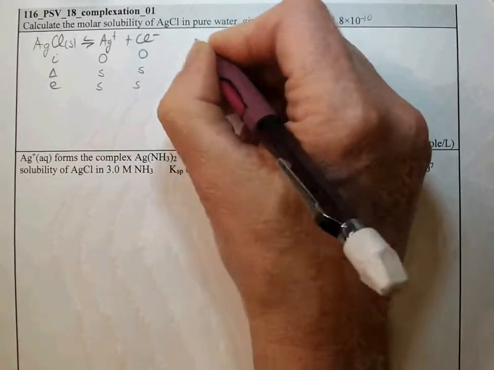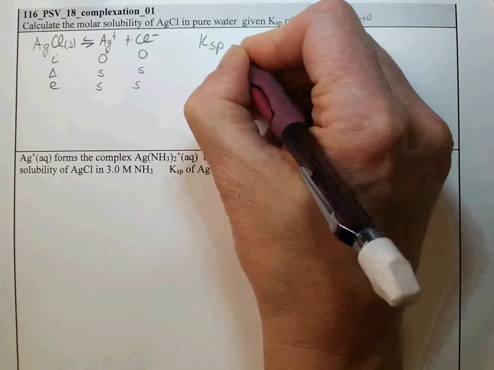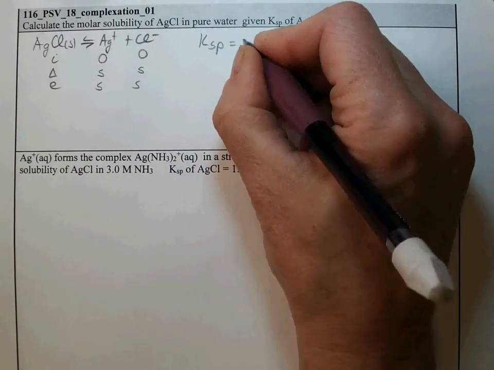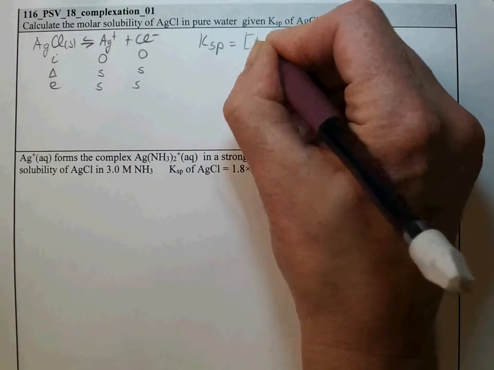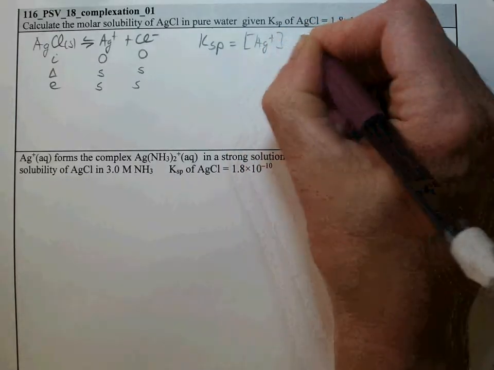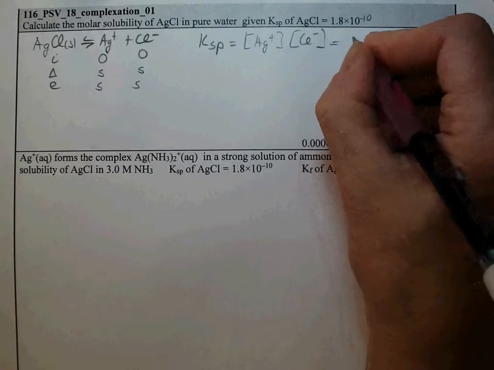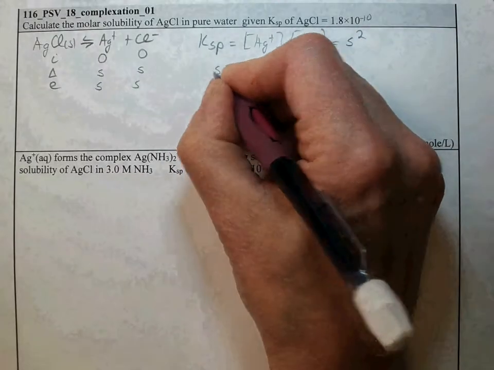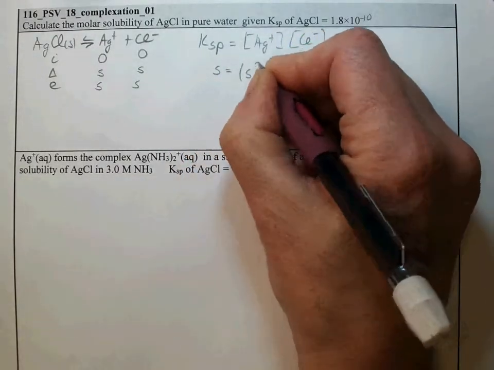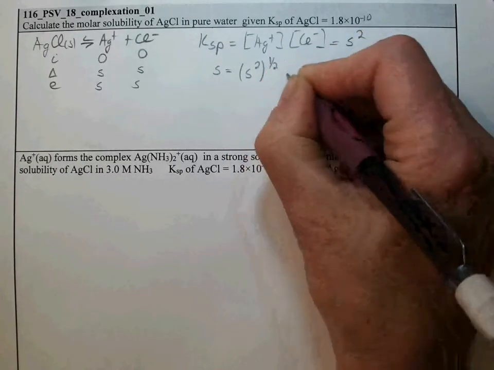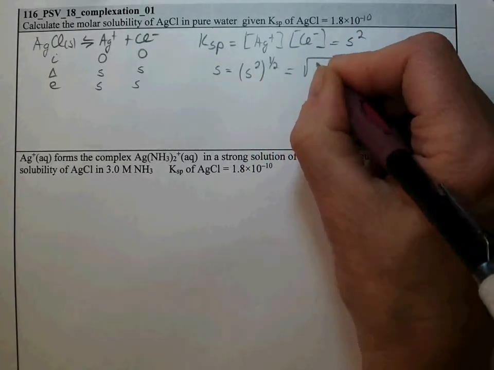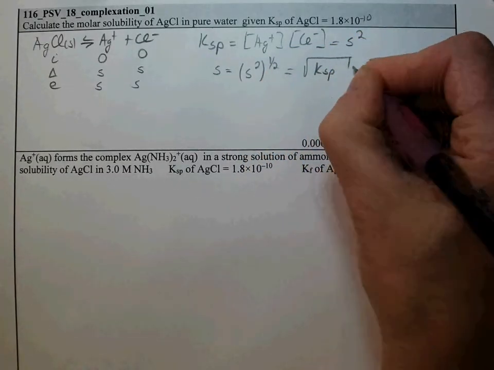And we have Ksp is equal to the concentration of silver ion times the concentration of the chloride ion. So this is S squared. We can calculate S by the square root of S squared, so that's equal to the square root of Ksp.